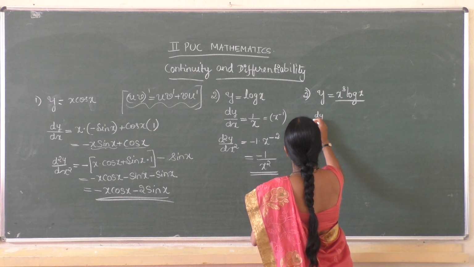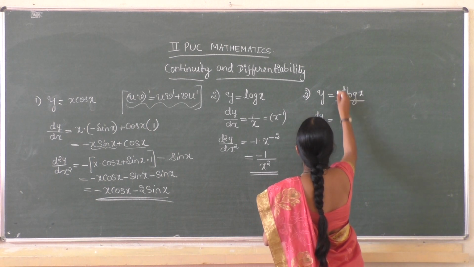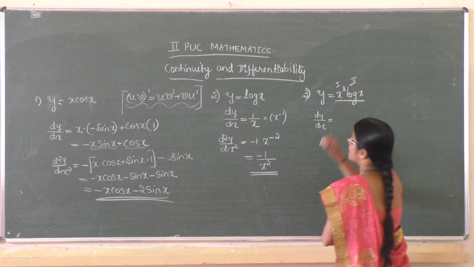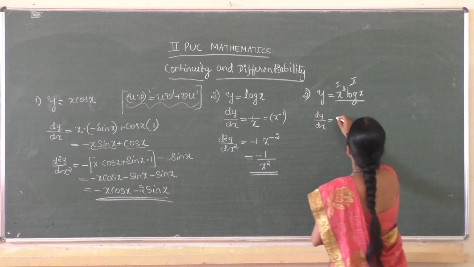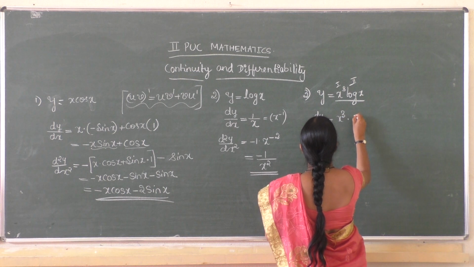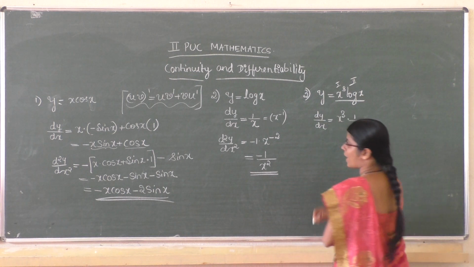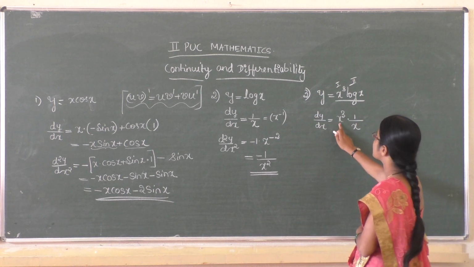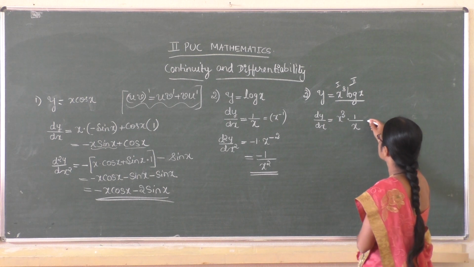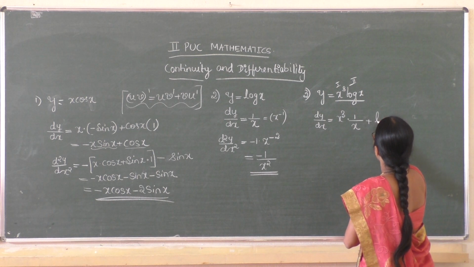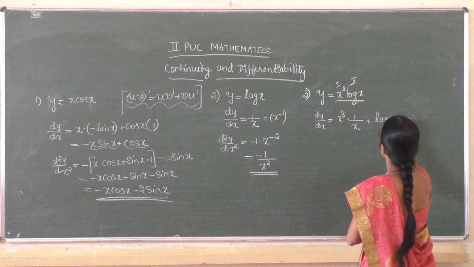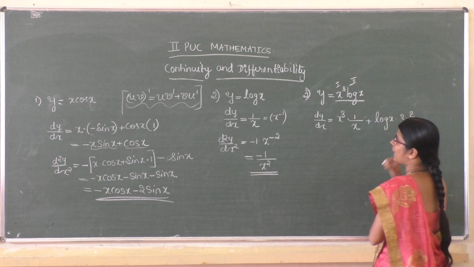So what we get here: dy by dx is equal to, this is the first function, this is the second function, x cube into derivative of log x, which is 1 by x, plus log x into derivative of x cube, that is 3x square.